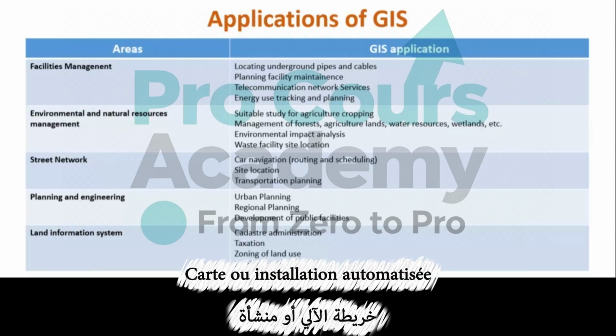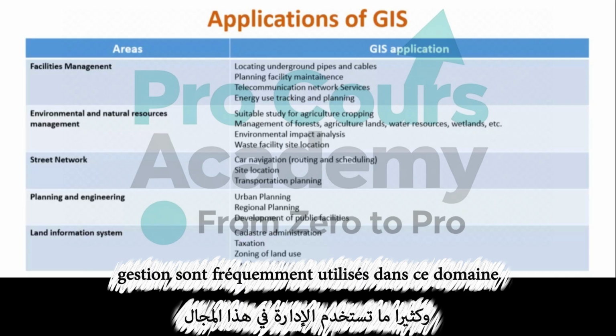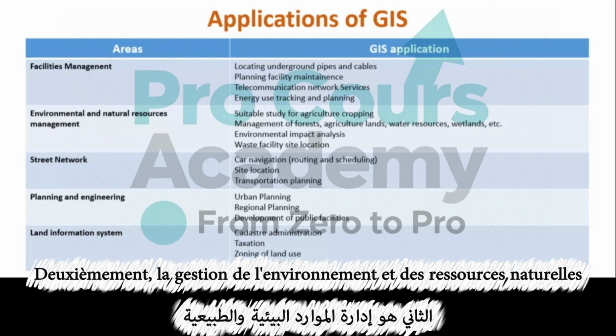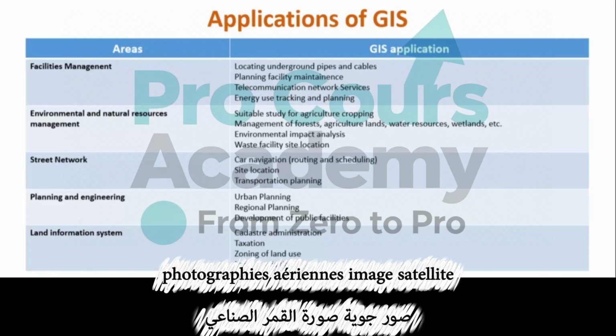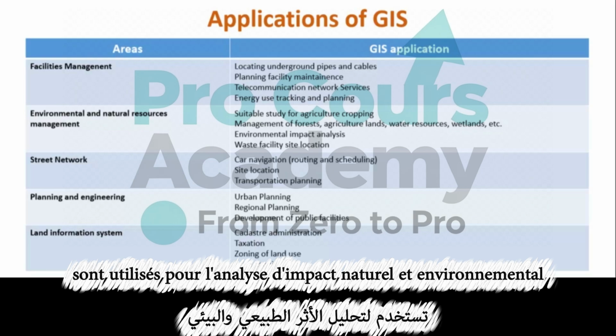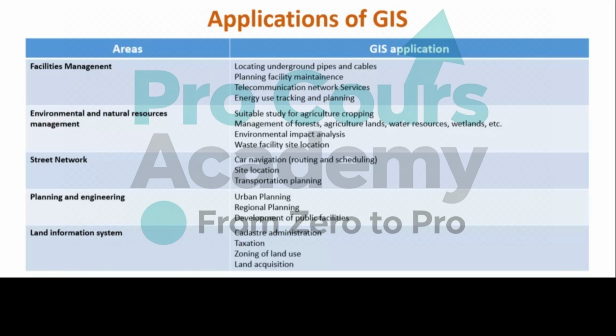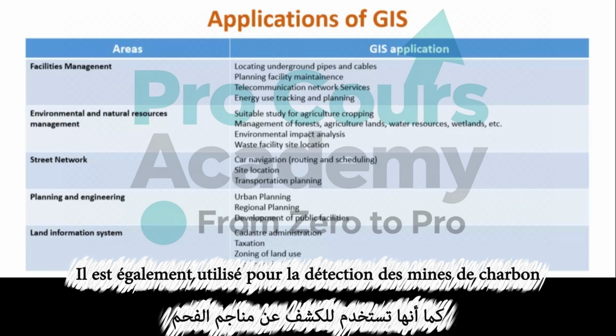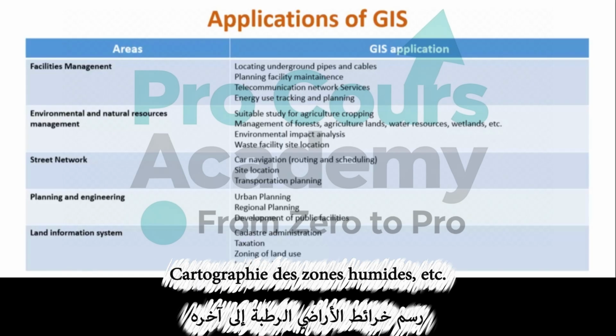Automated mapping and facility management are frequently used in this area. Second is environmental and natural resource management. Satellite images are used for natural and environmental impact analysis. It's also used for detection of coal mines, wetlands mapping, etc.